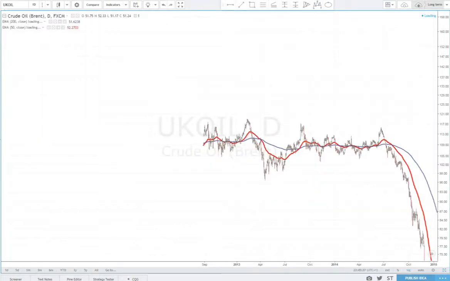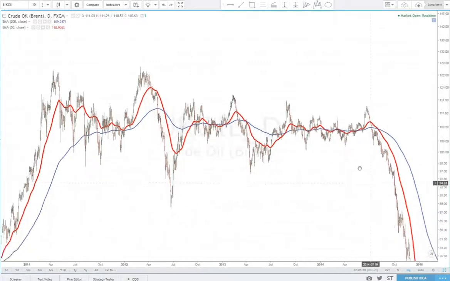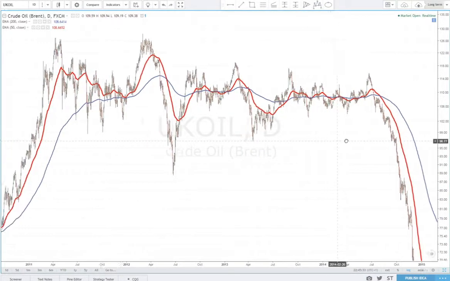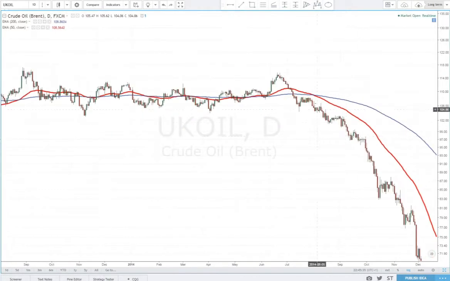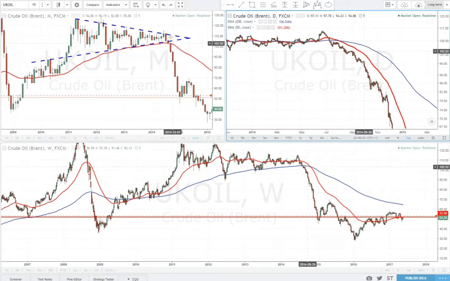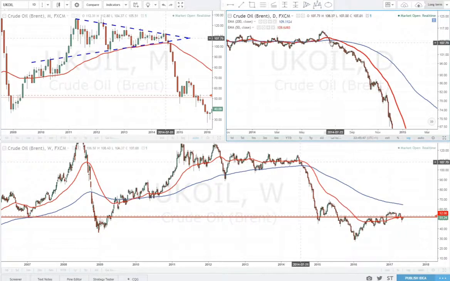At the same time, the same EMAs, 50 and 200 again, have crossed over here on the daily. Notice how they crossed over and price just fell down. Quite literally, price fell down. You could say here on the daily chart I've got this triangle breaking down, but already on the daily, at this same point, we've actually got a breakdown to the downside.